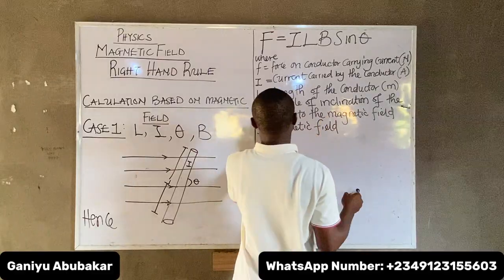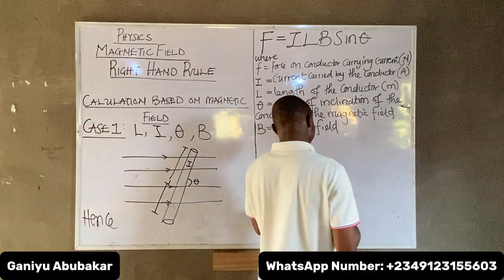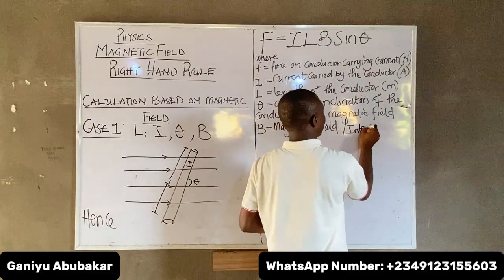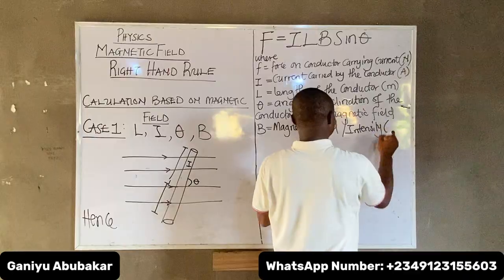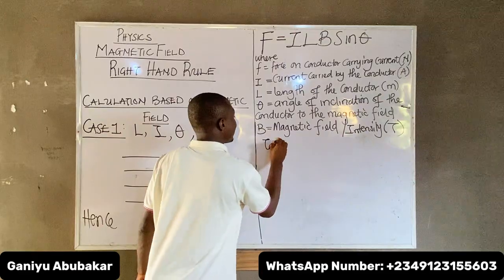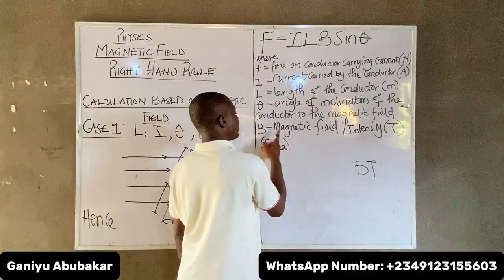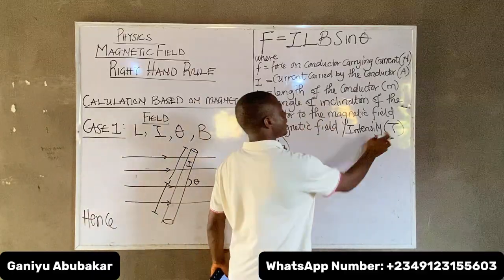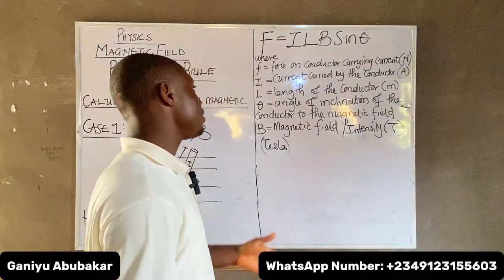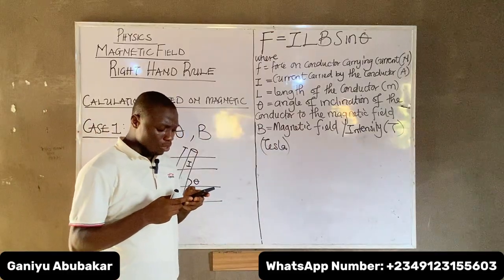What's the unit? Theta is an angle. The unit for magnetic field is Tesla, capital T. If I have 5 Tesla, it means 5 magnetic field. So Tesla is the unit for the magnetic field. This is how you define each given parameter from the question.